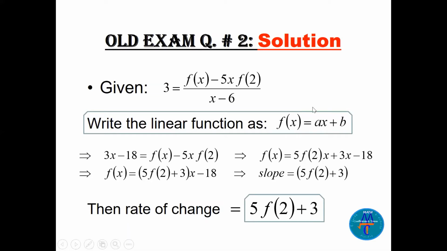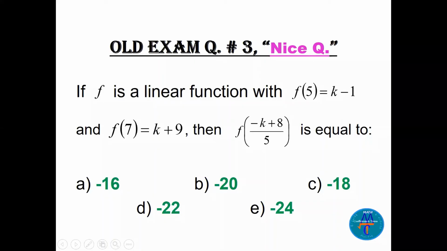So the whole idea is to rearrange the whole equation. 3x minus 18, cross multiply, f of x minus 5x f of 2, leave f of x, take this on the other side, take x as a common factor, just be patient here. 5 times f of 2 is a number, plus 3, all of this will be the slope, which is the rate of change.